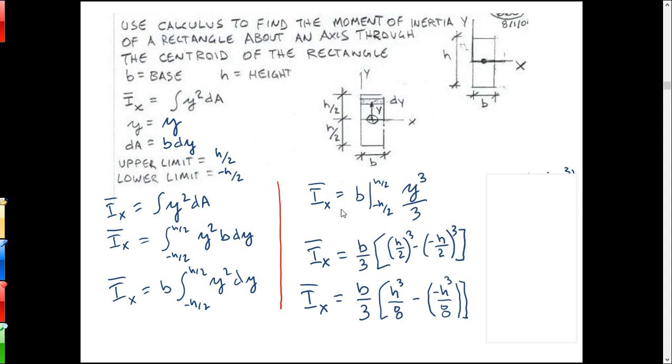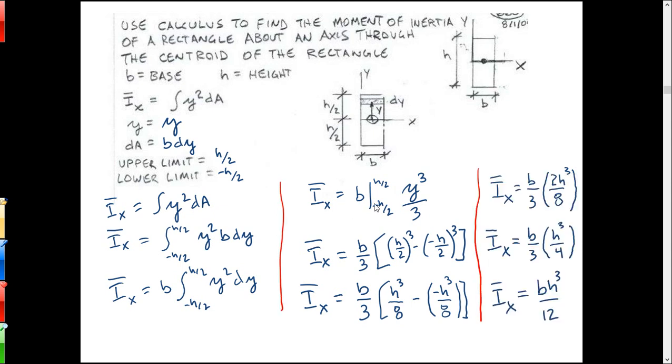Because the integral is an antiderivative. So y cubed over 3, plug in the upper limit, h over 2, subtract off the plug-in for the lower limit, negative h over 2. You're cubing those, so it's h cubed over 8 minus a negative h cubed over 8. I pulled that factor of 3 out in front also, so it's b over 3 times h cubed over 8 minus a negative h cubed over 8.